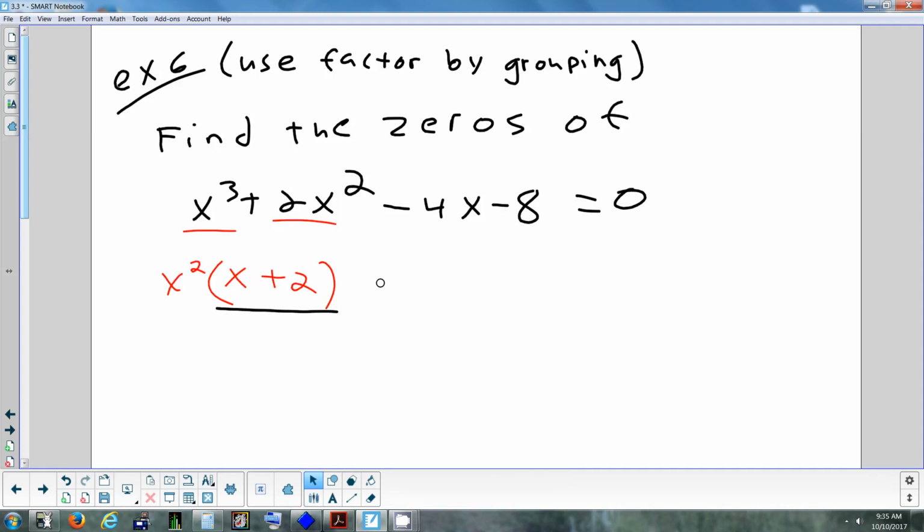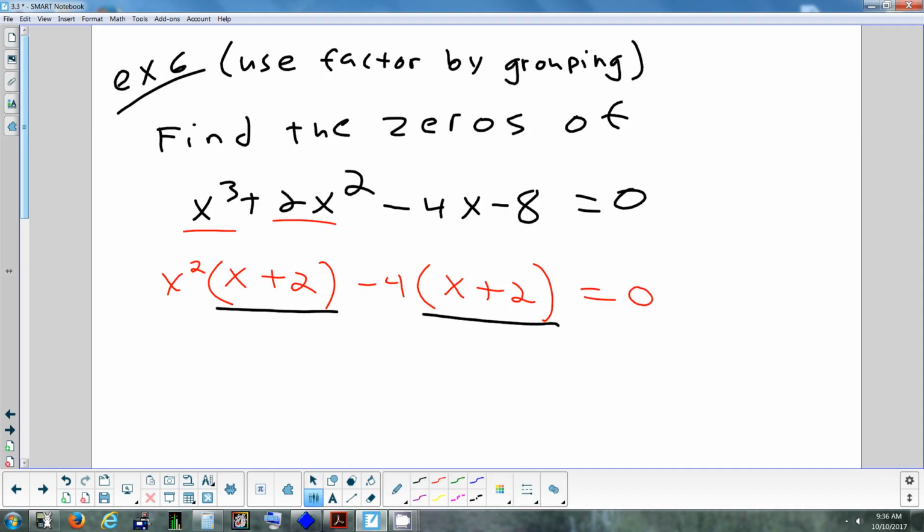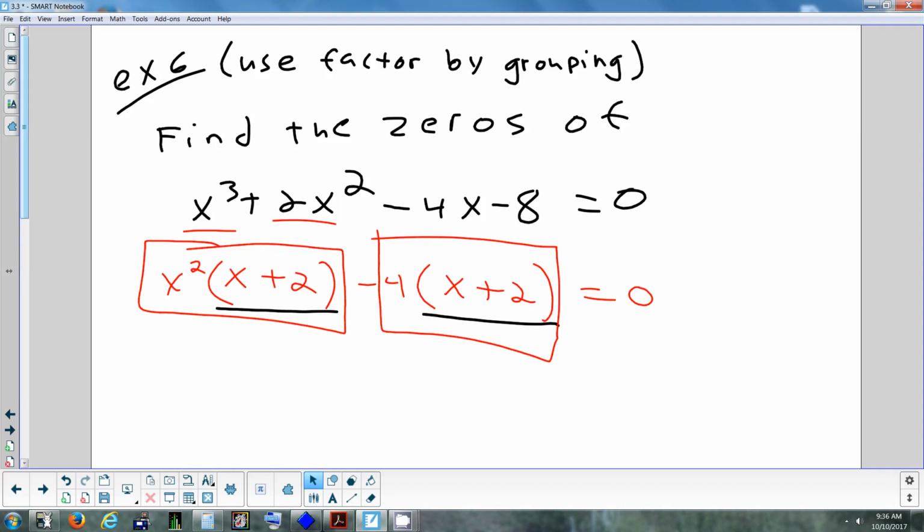Actually, let's look at the next 2. Does anybody see what I could factor out of the next 2 terms and hopefully get an x plus 2 after I do it? Yep. -4. Yep. If you factor out a -4, you get x plus 2. And now you do factoring again with the 2 things I underlined in black. You're going to factor out from that and from that.